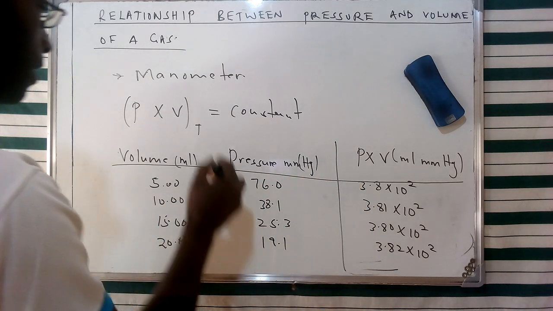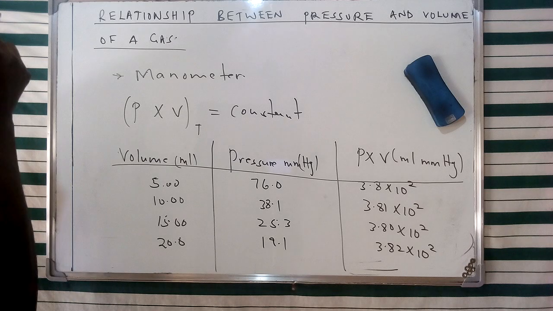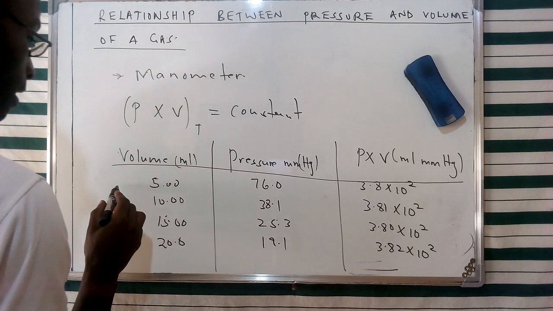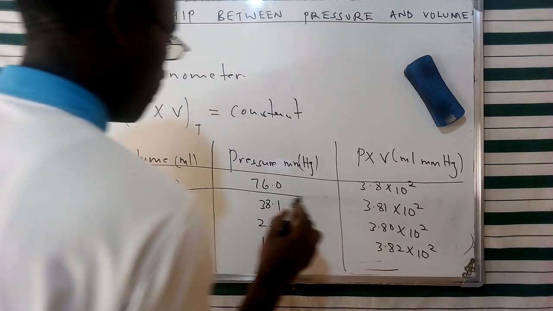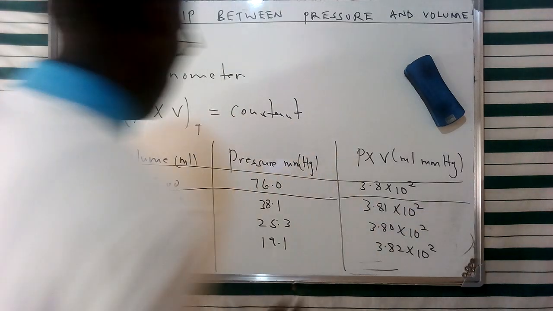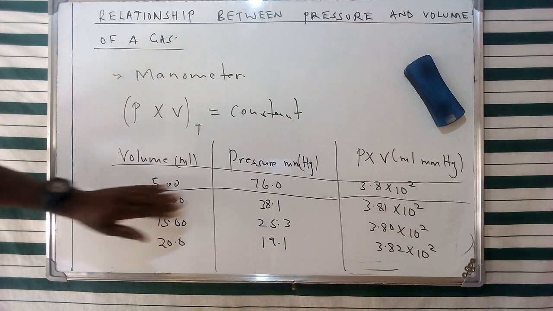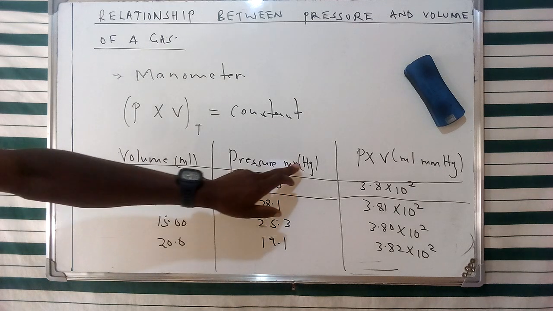And the last column is the product of the volume and pressure. From the first row, we have 5 milliliters of volume and a pressure of 76 millimeters of mercury.